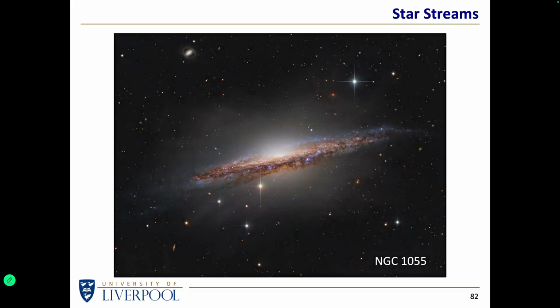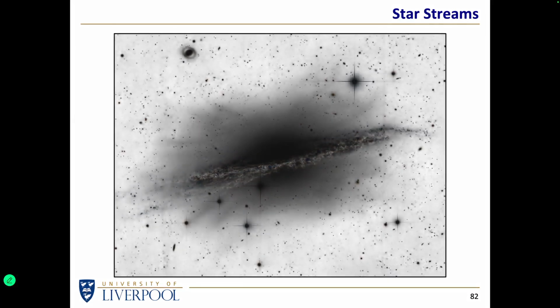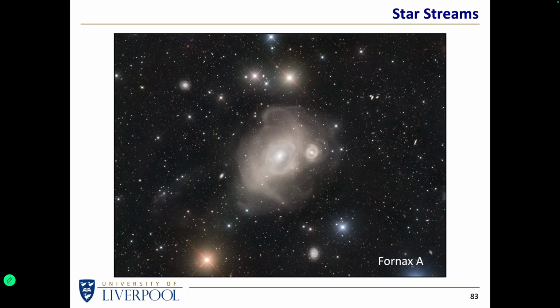We can see that again in this case, perhaps not so distinctly, but there's clearly a whole load of stars outside the disk of this galaxy, indicating star streams due to earlier encounters. Sometimes you don't even need to turn it black and white. You can see that there are definitely signs of interactions between galaxies that are out there.